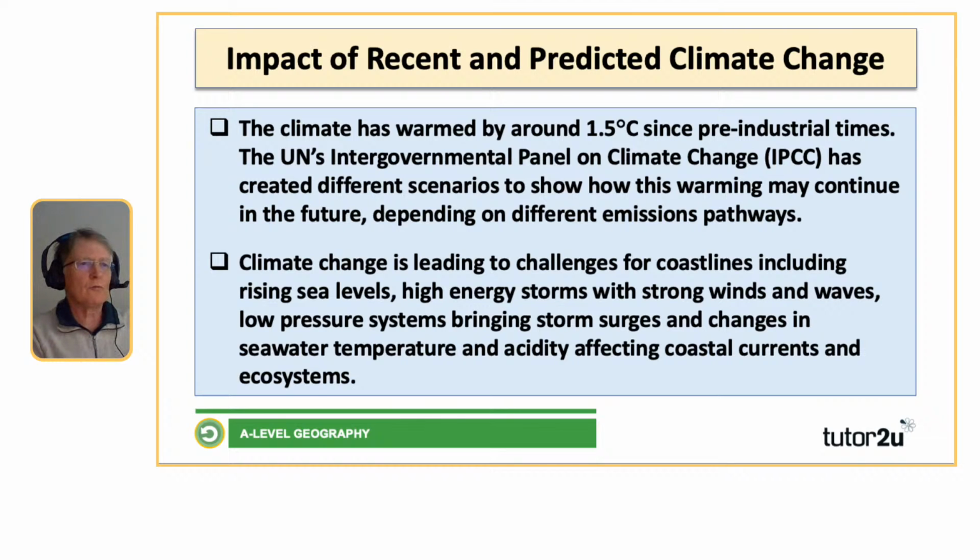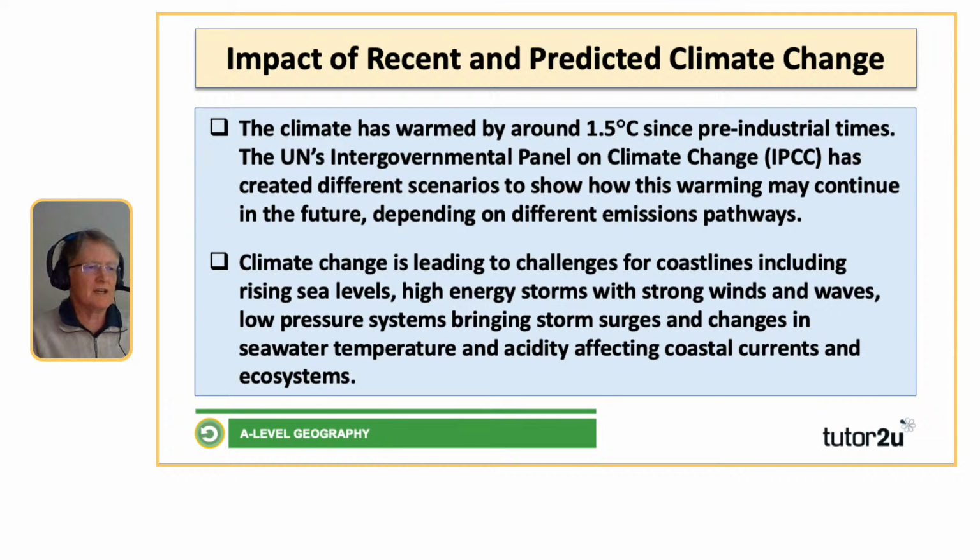So the climate's warmed by around 1.5 degrees since pre-industrial times, and that's a fact. The IPCC has created different scenarios. You will have studied these different scenarios, different predictions, if you like, of how things might pan out in the future, to show how warming may continue depending on how much carbon emissions are emitted.